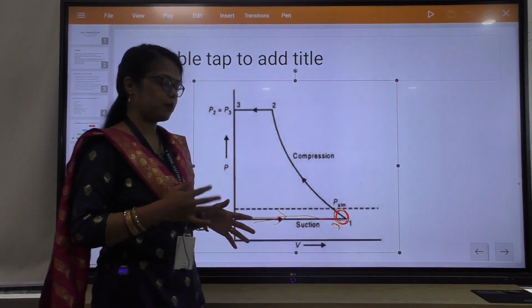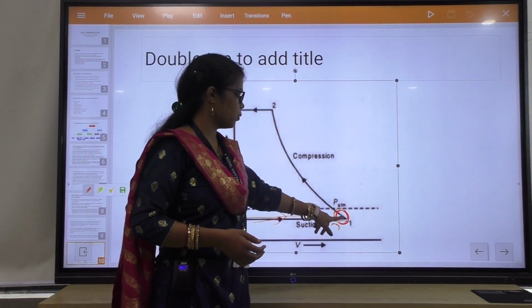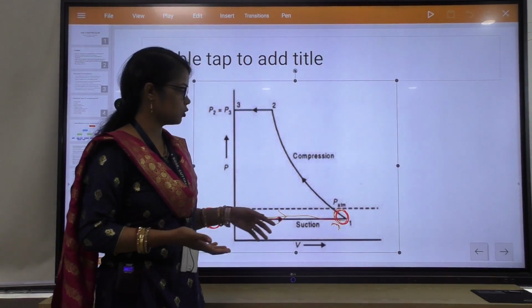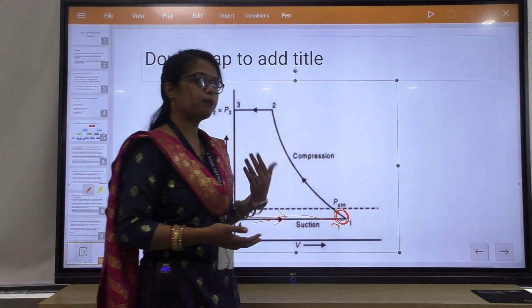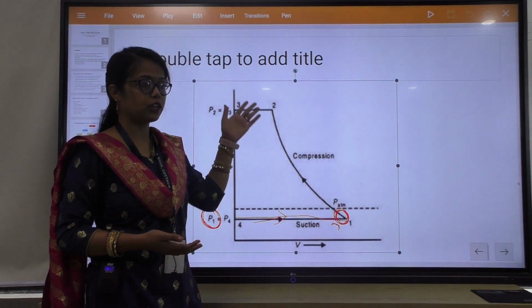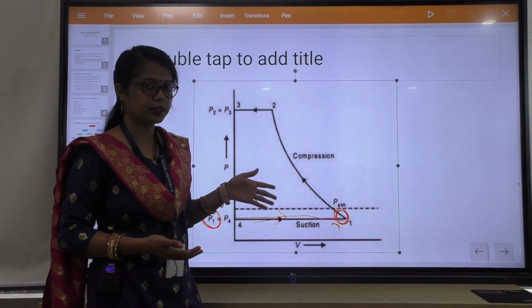Up to one point the suction process is happening, and after that the piston is moving in the upward direction, and that compresses the air which has entered into the cylinder from the atmosphere.